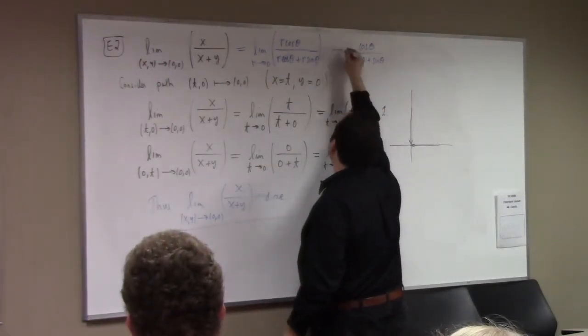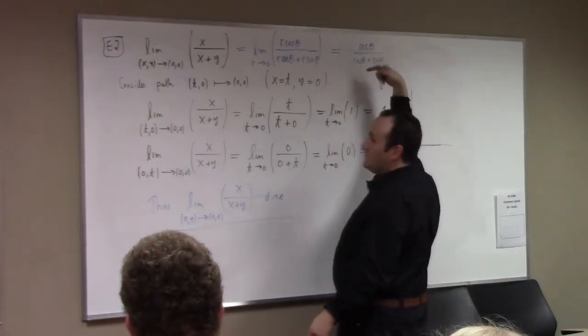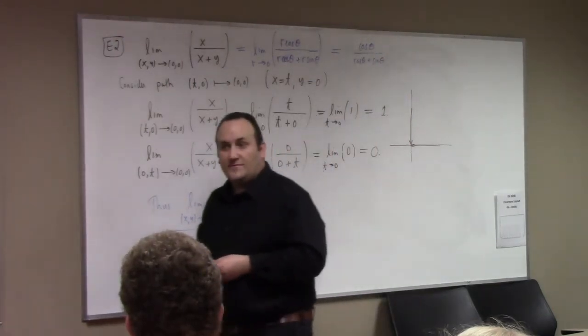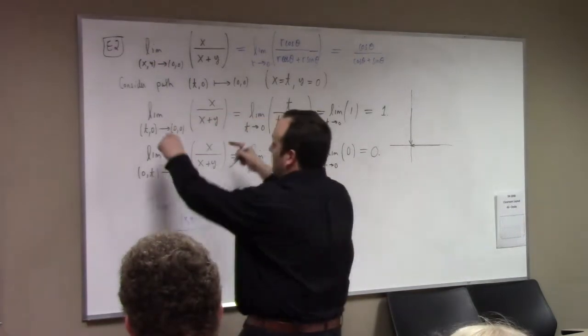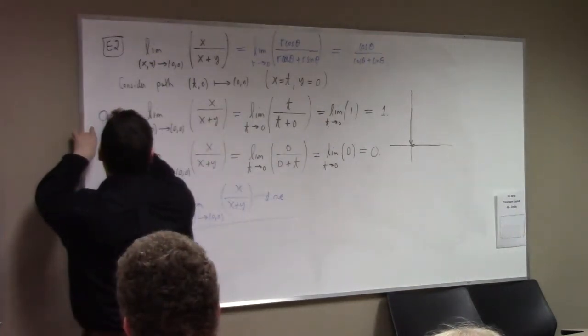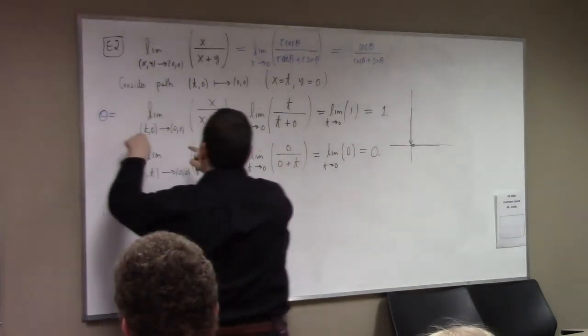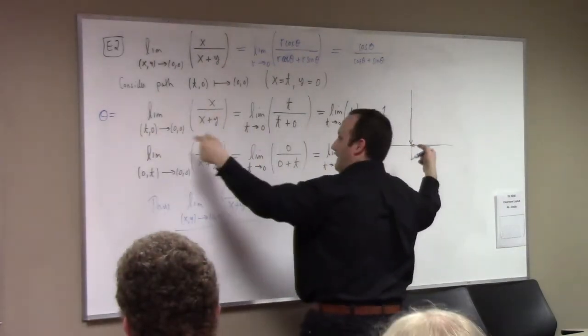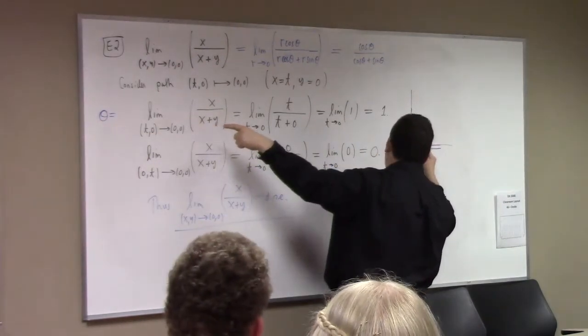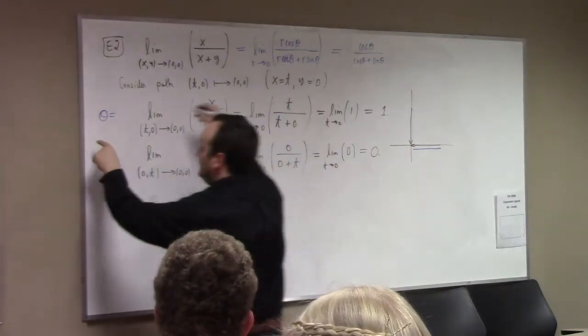But it's easy to see that if you choose different theta, that gives you different values. In fact, this was nothing more than the theta equal to 0 path.